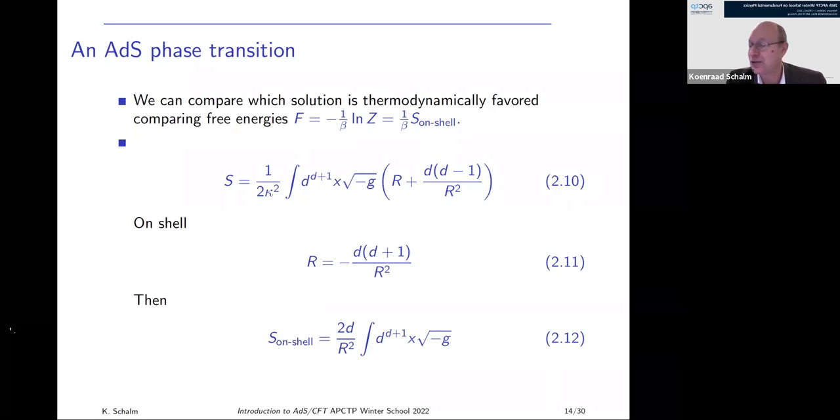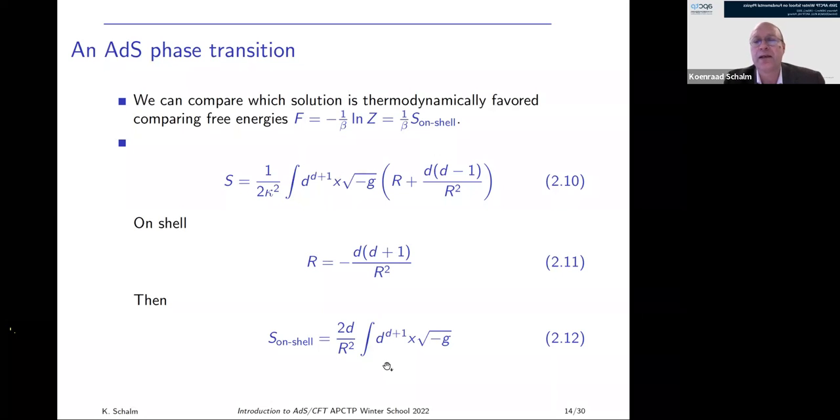I should correct my notes and send you a new version to avoid this confusion. On shell, R is d(d+1) over the AdS radius squared, and when you substitute this back in, the on-shell action is nothing but 2d divided by the AdS radius squared times the volume of the space-time.